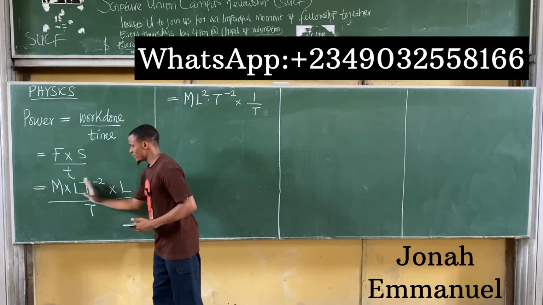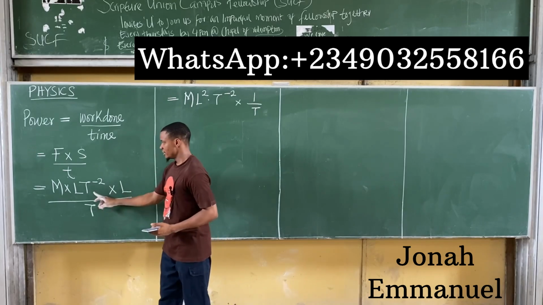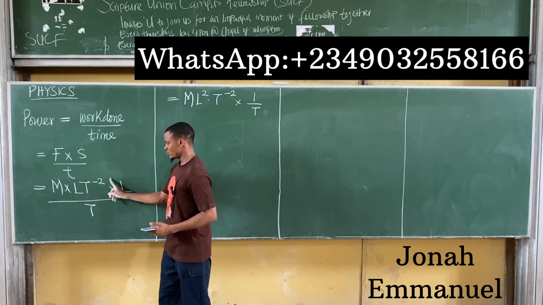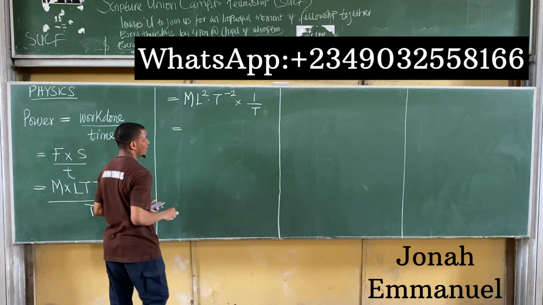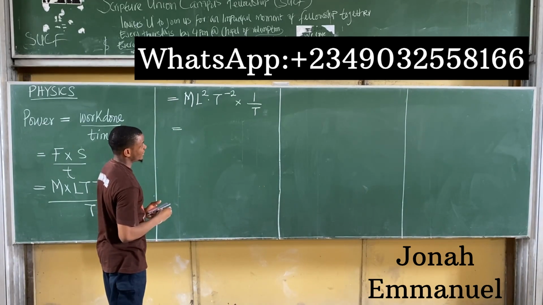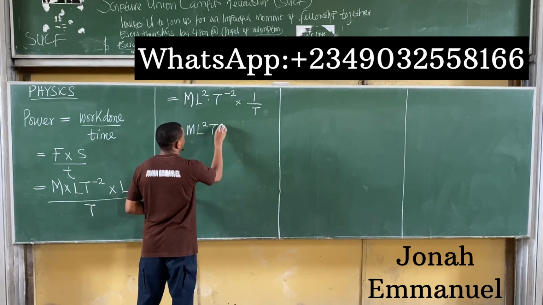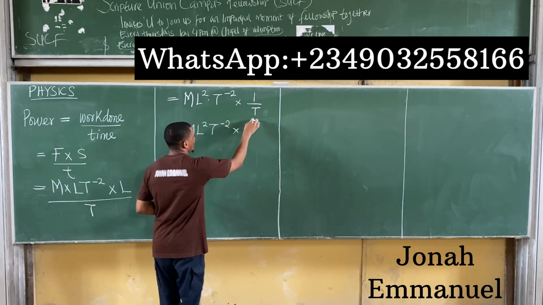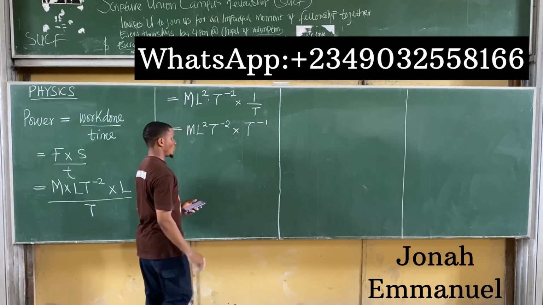If I shift it to the numerator, I'm having M, L times L is L squared, T to the power minus 2. I'm left with 1 over T. Write this down in index form: I'm having M L squared T to the minus 2 times this one here, which in index form gives you T to the power minus 1.